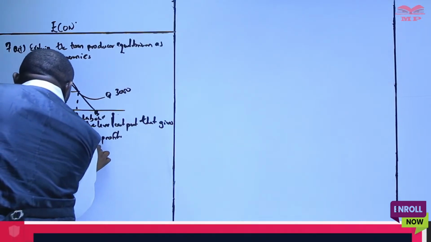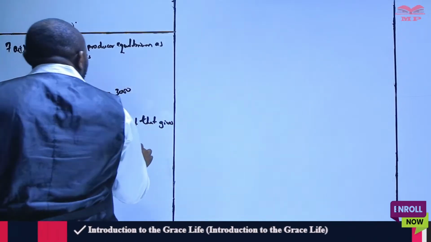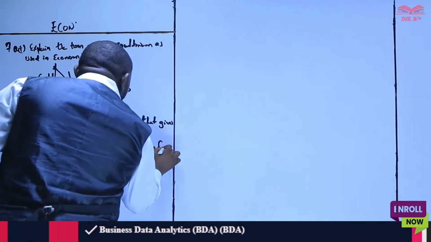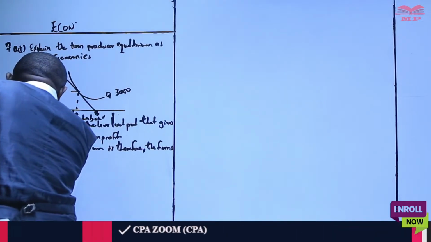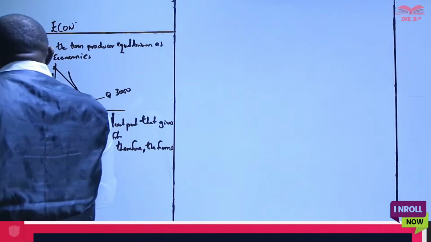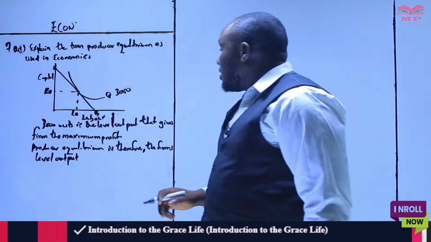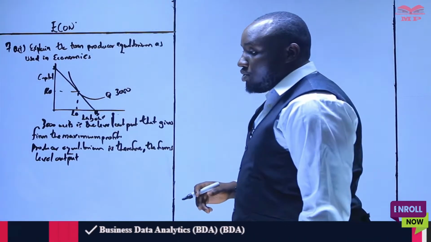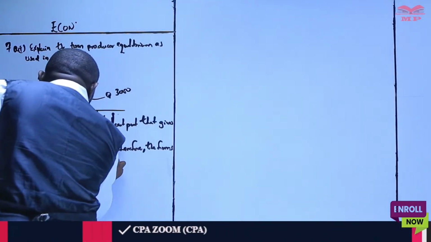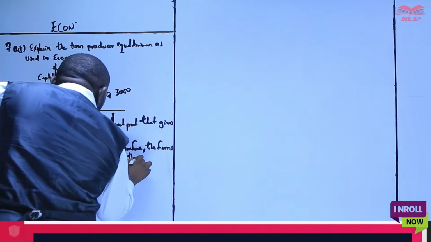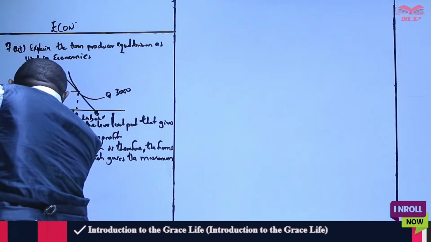Producer equilibrium is therefore the firm's level of output which gives the maximum profit.